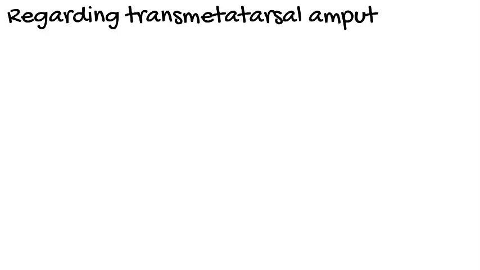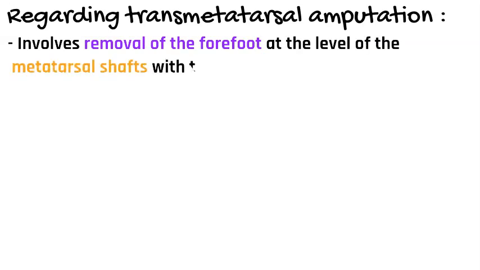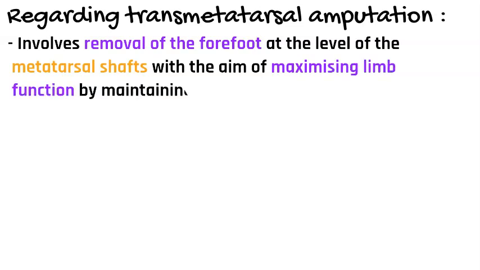Regarding transmetatarsal amputation, it involves removal of the forefoot at the level of the metatarsal shaft with the aim of maximizing limb function by maintaining a significant portion of the foot.